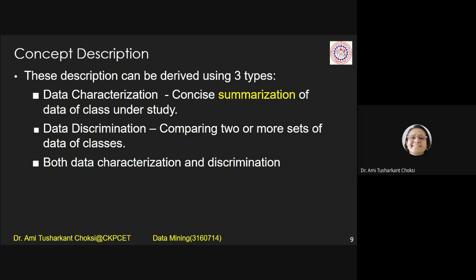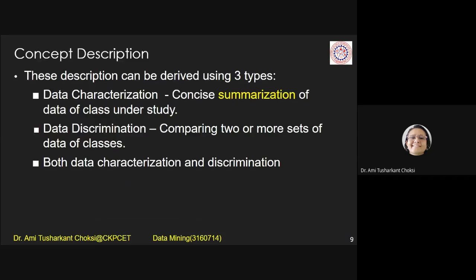Summarization, that is characterization, when we compare two or more sets of classes, is called discrimination. Okay. And the third type is both data characterization and discrimination, right? So one is characterization, second is discrimination, and third is a mix of both. Okay.